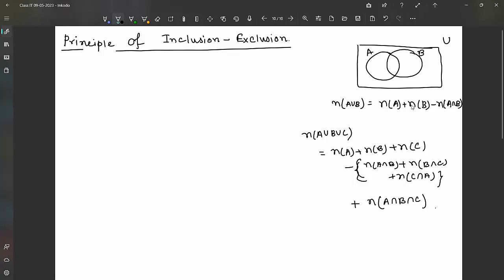That means we include something, then we exclude something. You already performed some questions from set theory related to that inclusion exclusion problem.